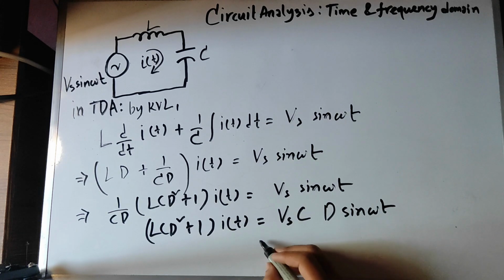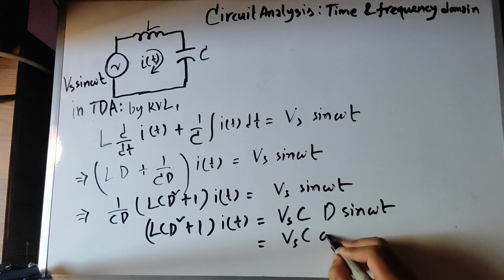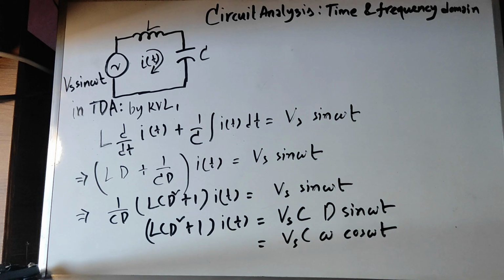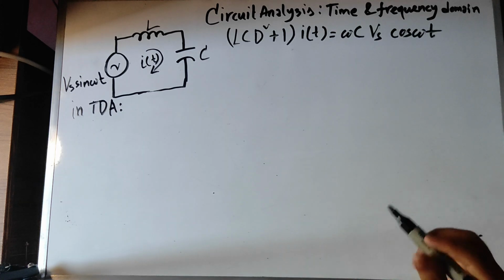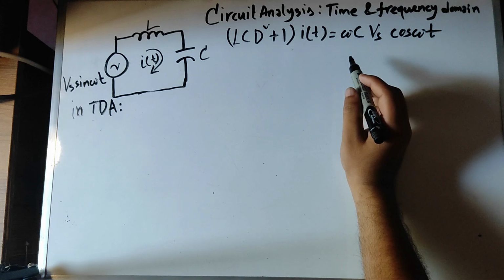D is differentiation, so the right side is Vs C omega cos omega t. So we have found our linear differential equation with constant coefficients.